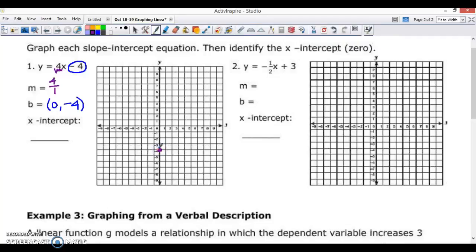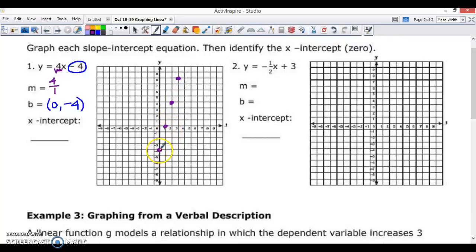Then my slope is rise over run. It told me to go up 4. And because it is positive, I'm going to the right 1. And then I keep going up 4, 2, 3, 4, over to the right 1. I like going up first because it's easier to tell whether to go to the left or to the right first by going up for some reason.